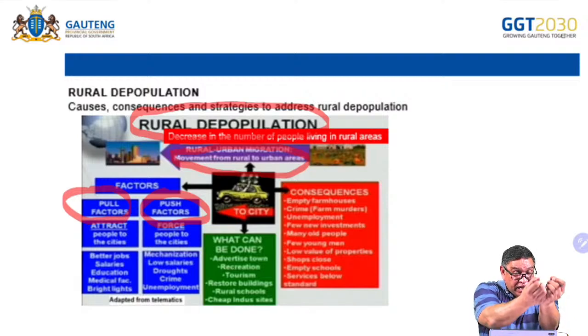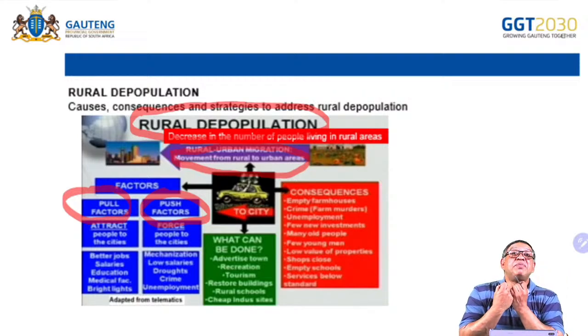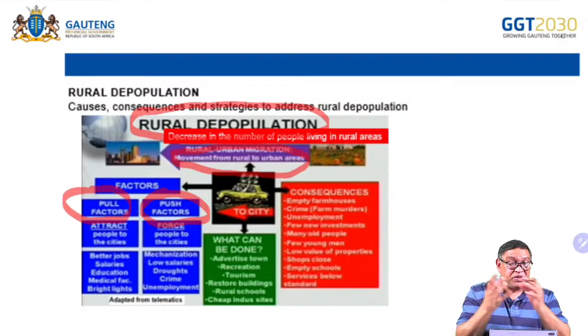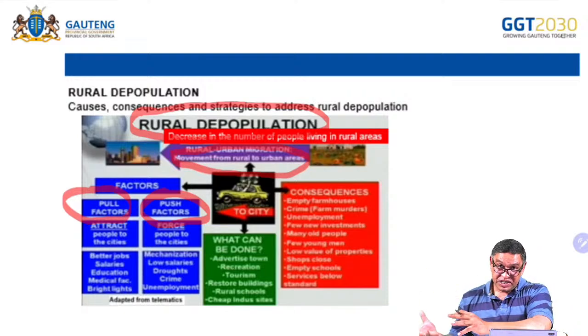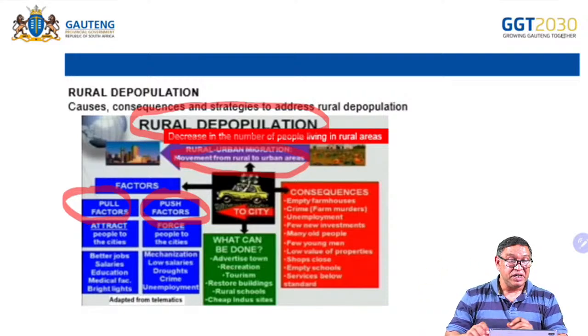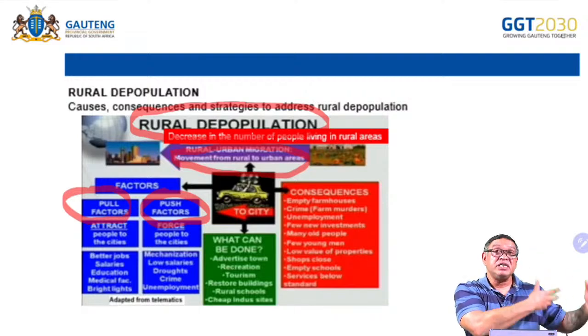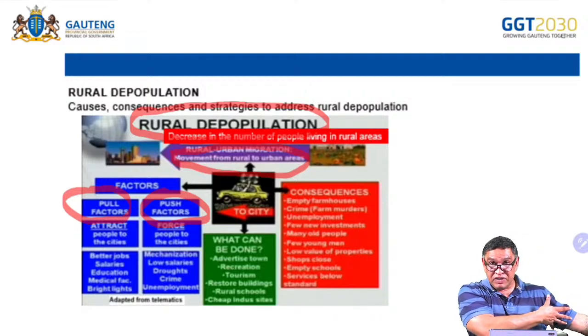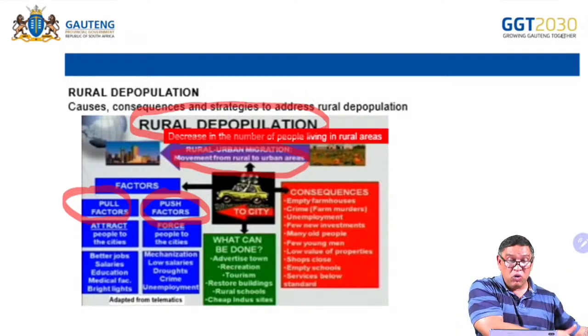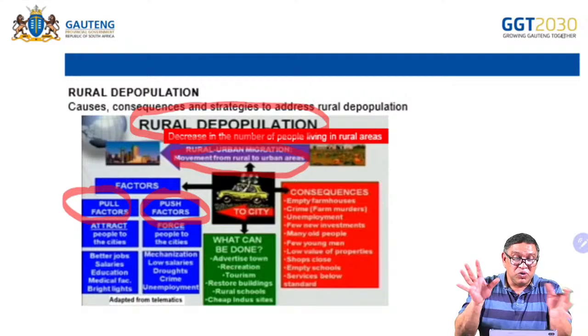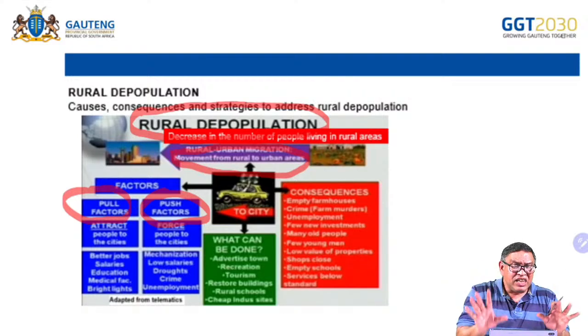Pull factors attract people to the city from the rural areas: the better facilities, education, employment. And push factors force them out: lack of employment, inadequate basic services, drought, machinery. Okay, so those are the factors, and that's how you play with it.